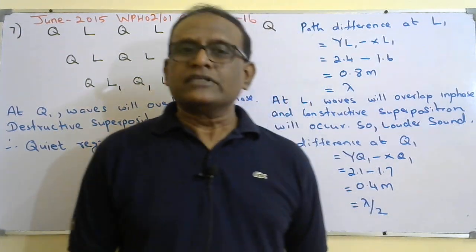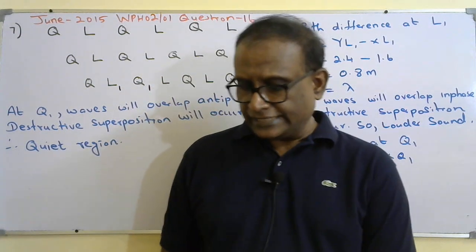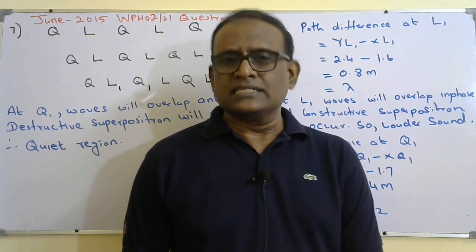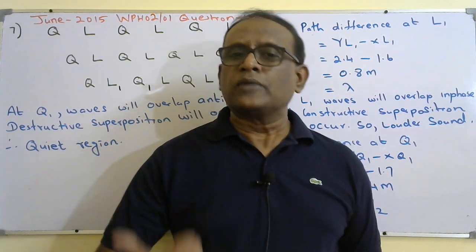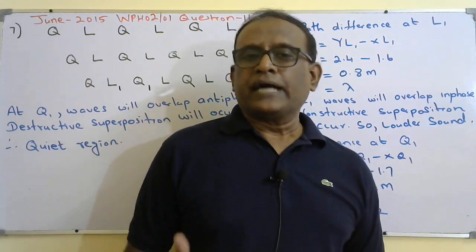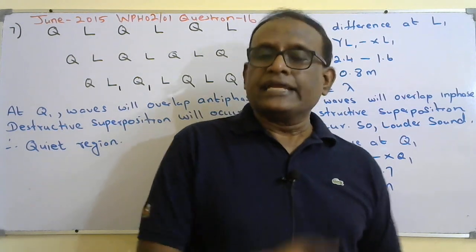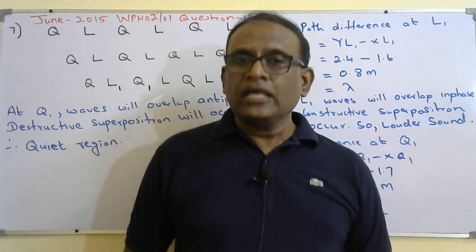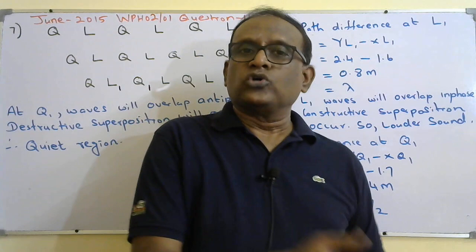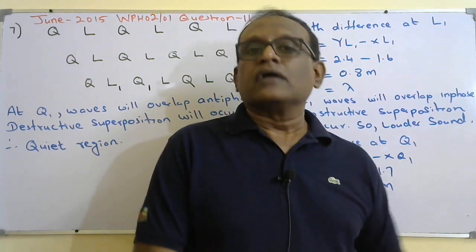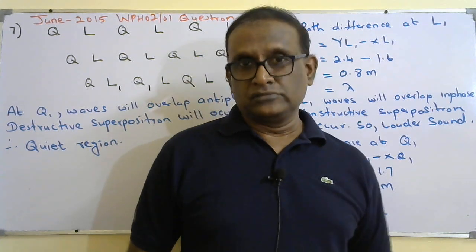So whenever there are explanation questions related to superposition, the answers are almost the same. You need to talk about path difference, then compare it with either an odd multiple of lambda by 2 or an integer multiple of lambda. If it is an odd multiple of lambda by 2, destructive superposition will occur, so the amplitude will be almost 0.